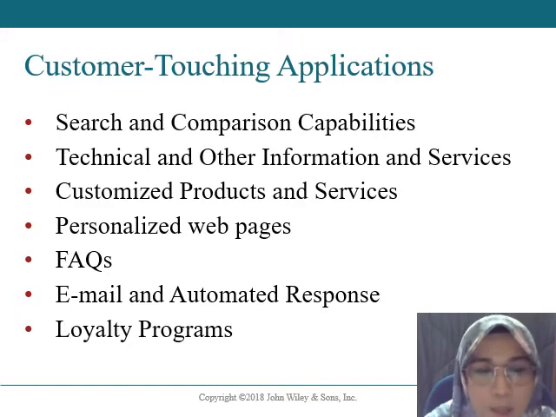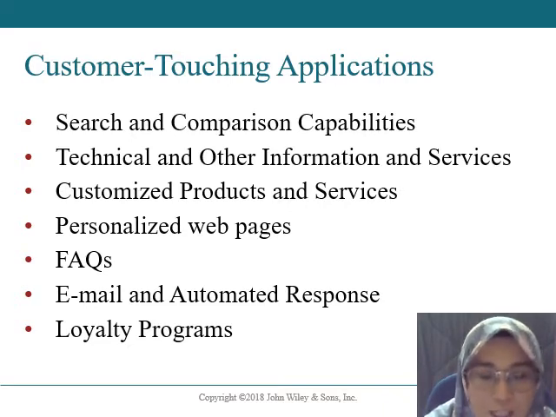Okay, so next is customized product and services. So this customized product and services enables the customer the ability to customize the product or customize the computer system from Dell, like madam said just now, as I mentioned before.